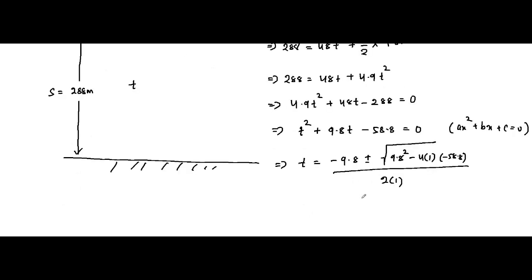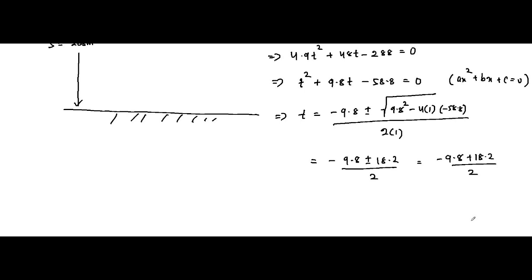It is coming around minus 9.8 plus minus 18.2 by 2. We'll be using minus 9.8 plus 18.2 by 2, because negative time is nothing, there is no such thing as that. So it is 8.4 by 2, which is equal to 4.2 seconds.